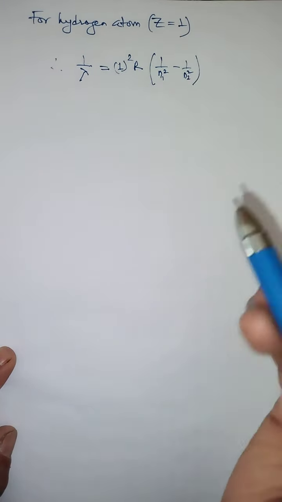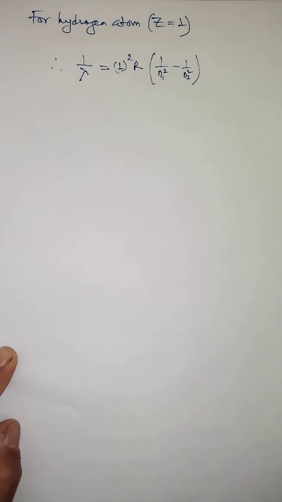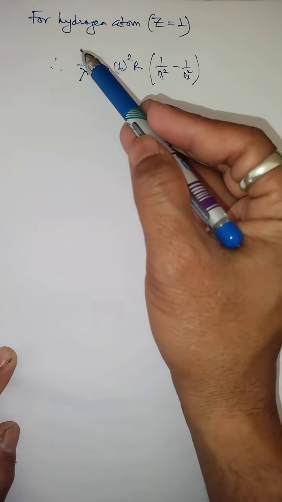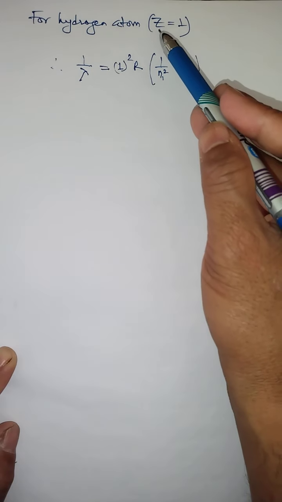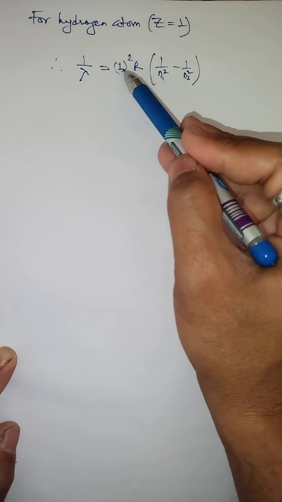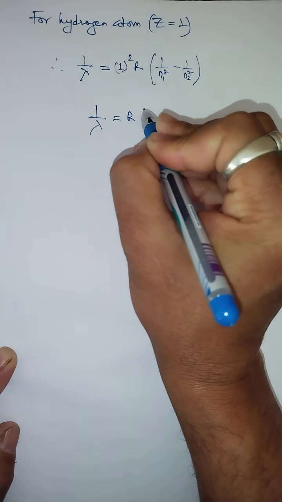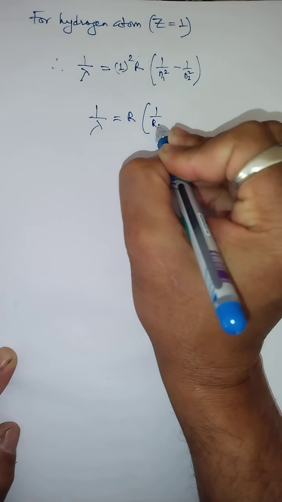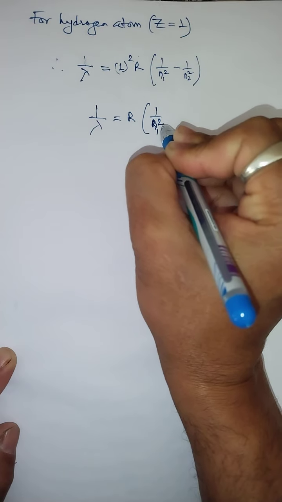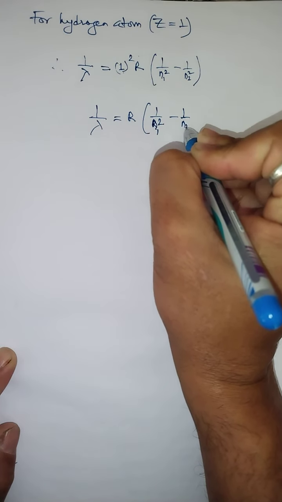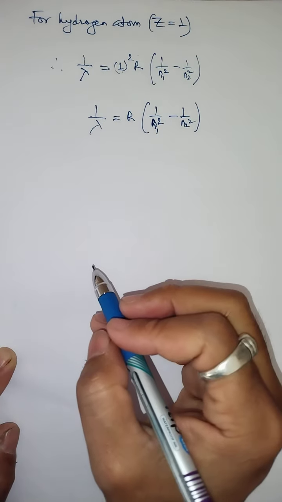That means the wavelength of emitted radiation is given by the formula 1 by lambda equals Z square, but Z square is 1 square, which means 1 by lambda equals R bracket 1 by n1 square minus 1 by n2 square. Okay, so this is the formula.